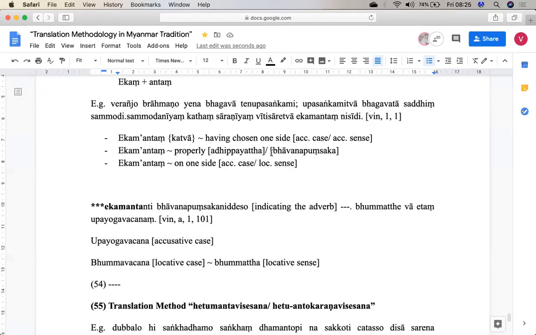That is why here bhava nabosaka. So the first and the second are sadata as well as vivadhyata, because they are accusative case, accusative sense.